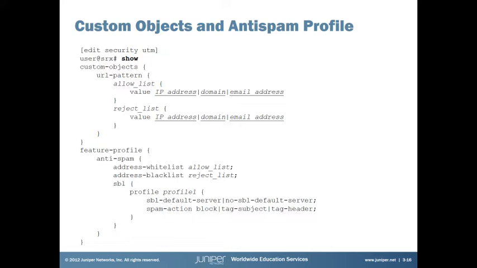Under feature profile, anti-spam, we're referencing our whitelist and our blacklist, so we're actually referencing the name of them there. And then we have our server block list, and we are referencing that particular server right there, and what action we need to take in relation to an IP address or a server address appearing on that list.